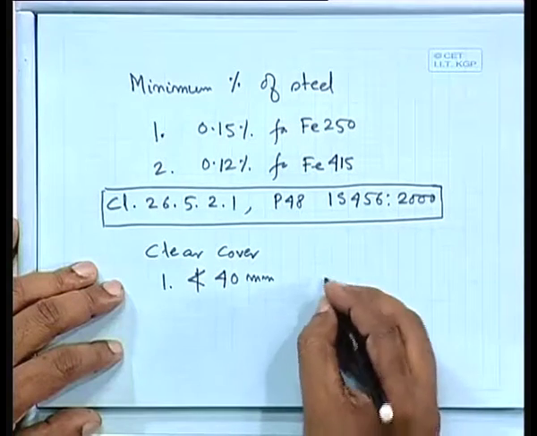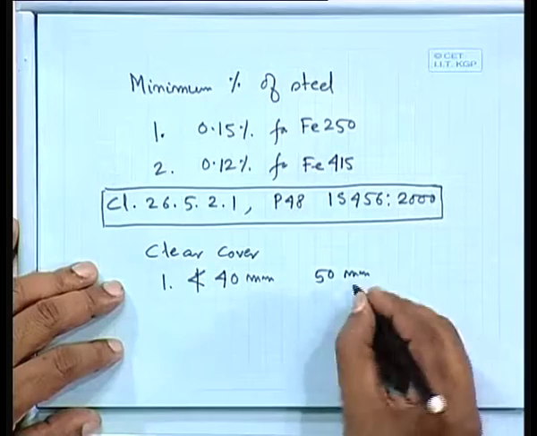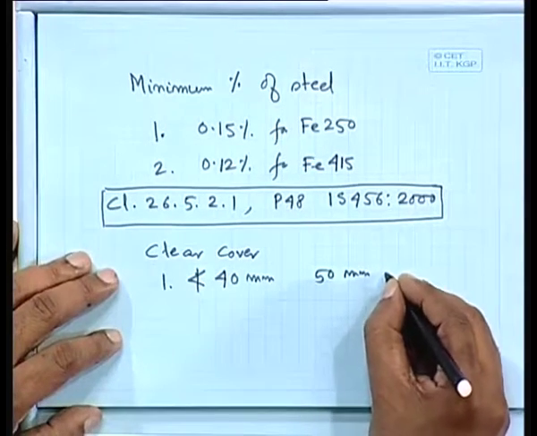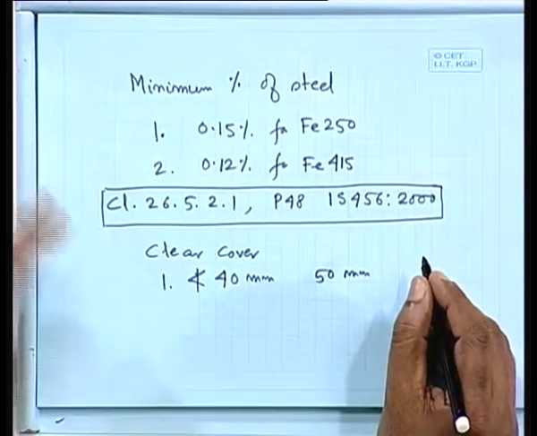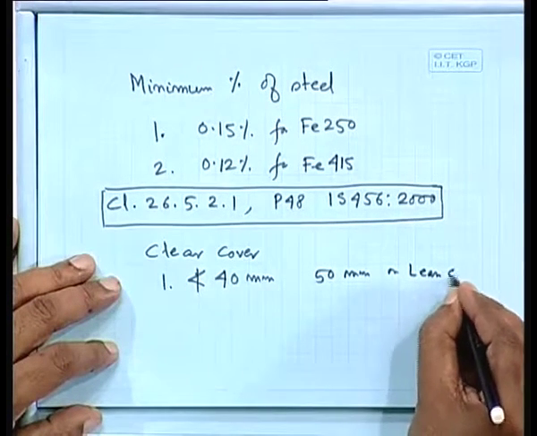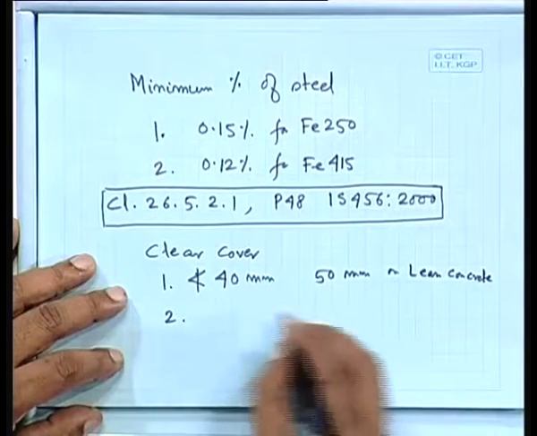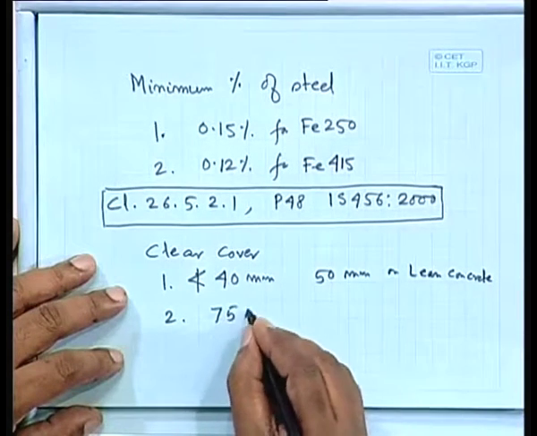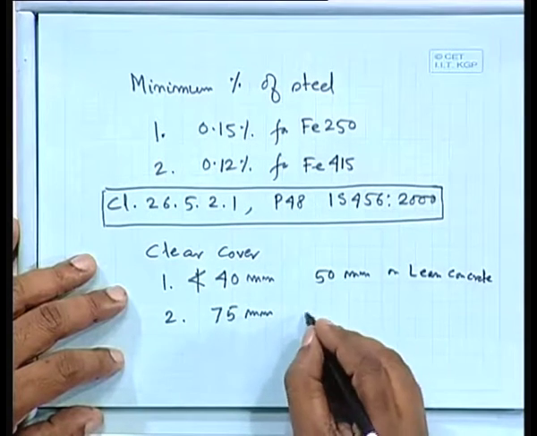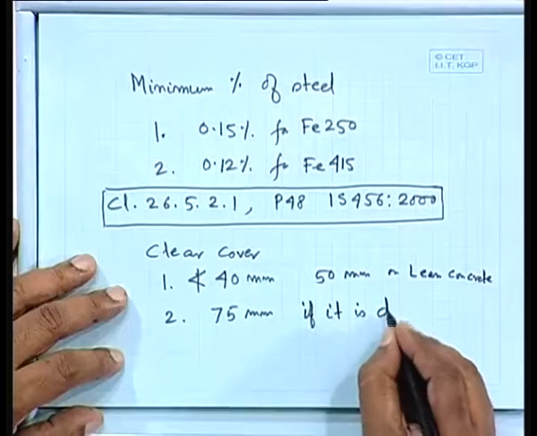So let us say 50 millimeter we shall provide if we have lean concrete, that means we are not providing directly on soil, or 75 millimeter if it is directly on soil.